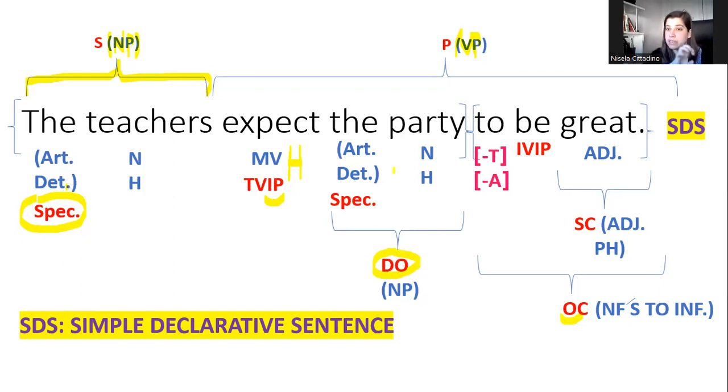Notice and mark this way of analyzing the sentences because this is how you will analyze them next year. But I would like you to use this form in your exam, okay? Because this is how it should be done.